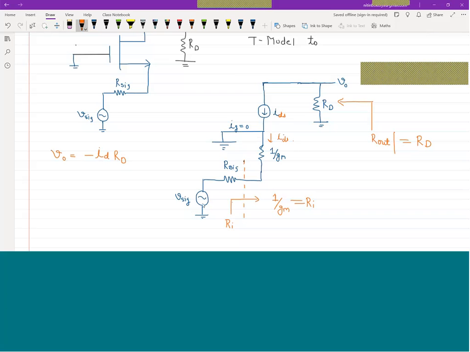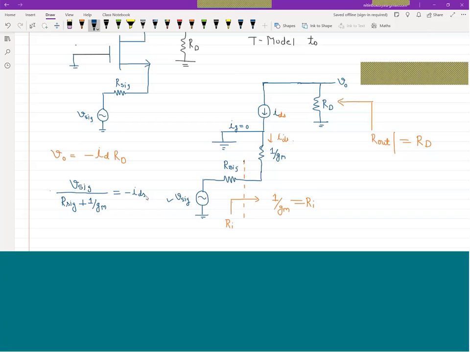So you can say VGS divided by, we can have the relationship, V signal, means this voltage, divided by R signal plus 1 by Gm, is the value of minus IDS.